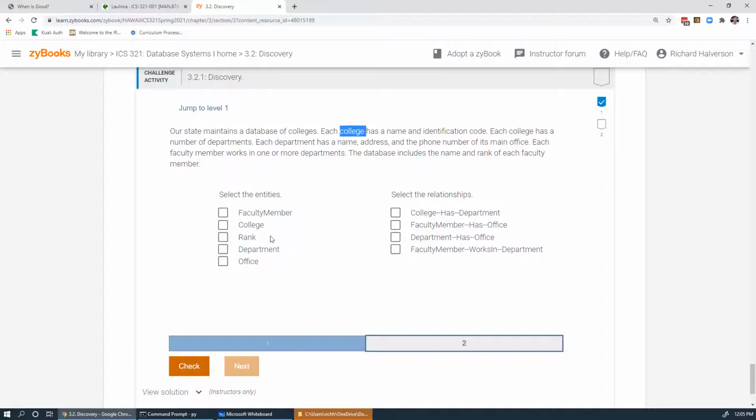Okay, so there's colleges, there's faculty members. Wait a minute. Yes, that's right. Rank, no. Department. Each department has a name and address. So each department has a name. Colleges have departments, and not office.